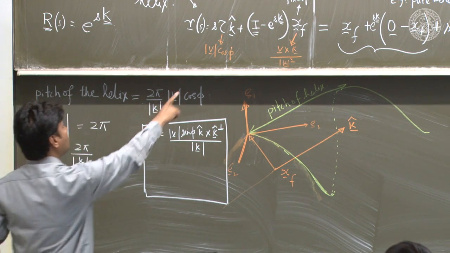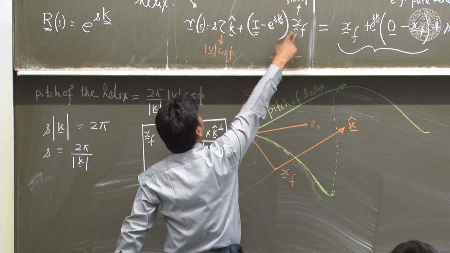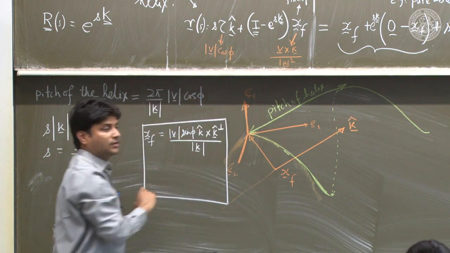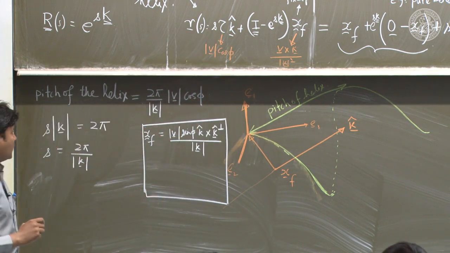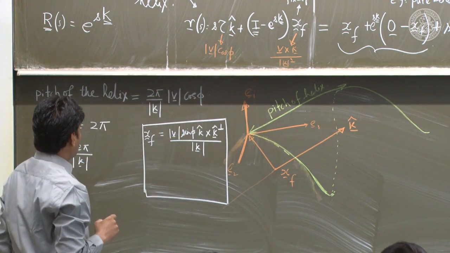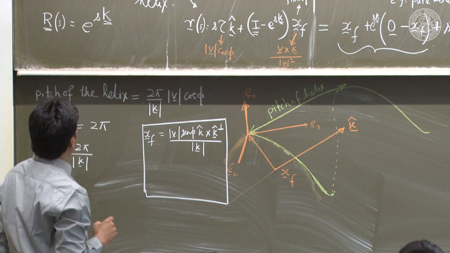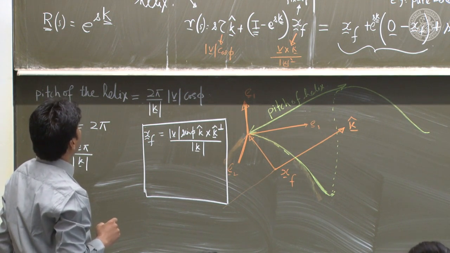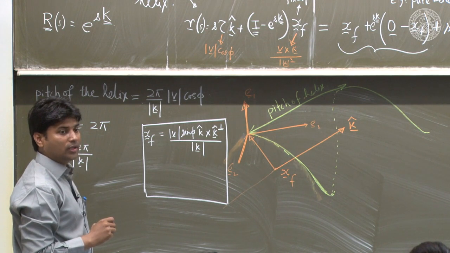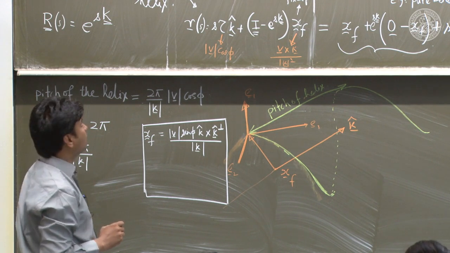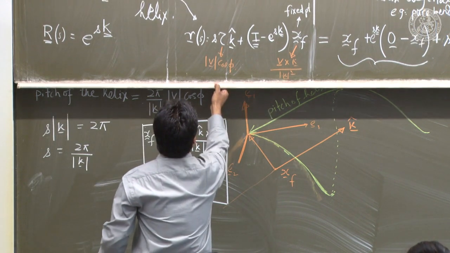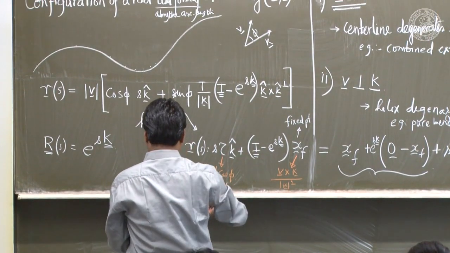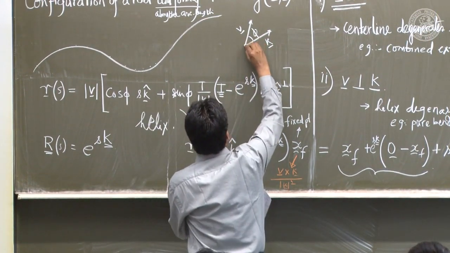So if I simply compare this x f with what we have over there, then what is k perp? K perp was perpendicular to k, right? Here is your k perp.